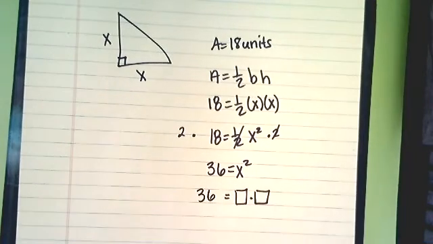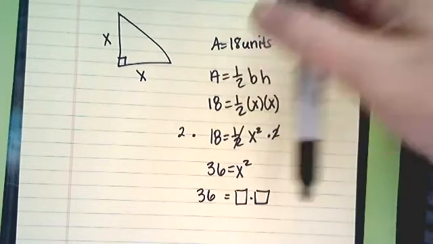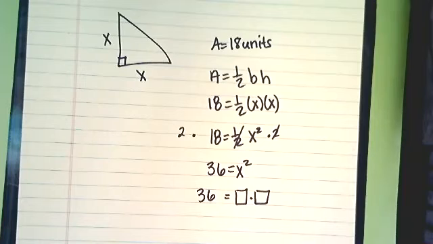What number could you multiply by itself? 18 times 18? Check that out for me real quick. There you go.